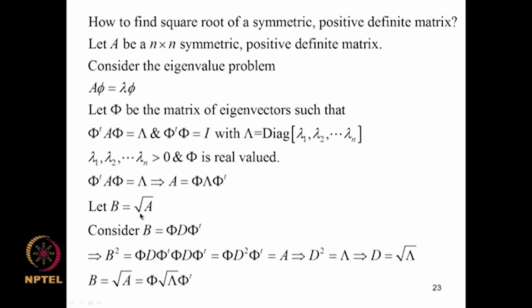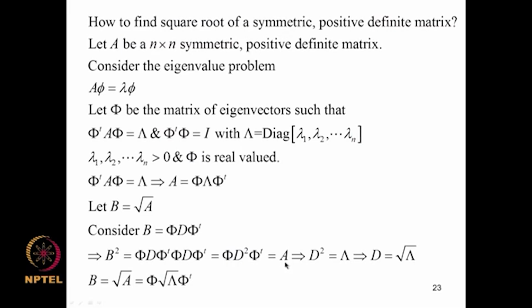Now, let B be square root of A, that is what I wish to find out. I consider B equal to phi D phi transpose, I do not know what D is. So, from this I get B square is phi D phi transpose into phi D phi transpose, but phi transpose phi is I, that is how we have normalized. This will therefore be phi D square phi transpose.